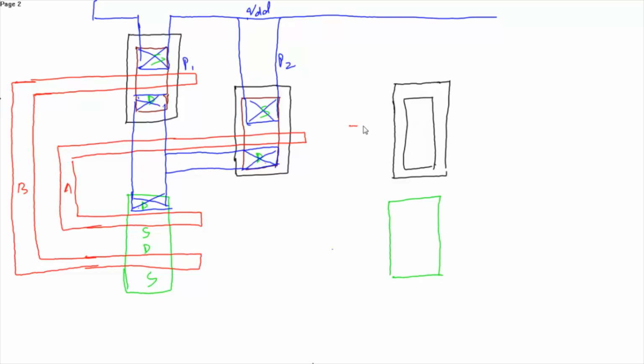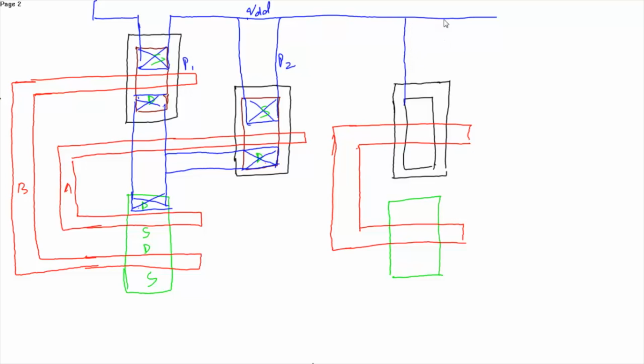So similarly, this is now. This is connected to VDD, and this is connected to ground. So these two sources are connected to ground.